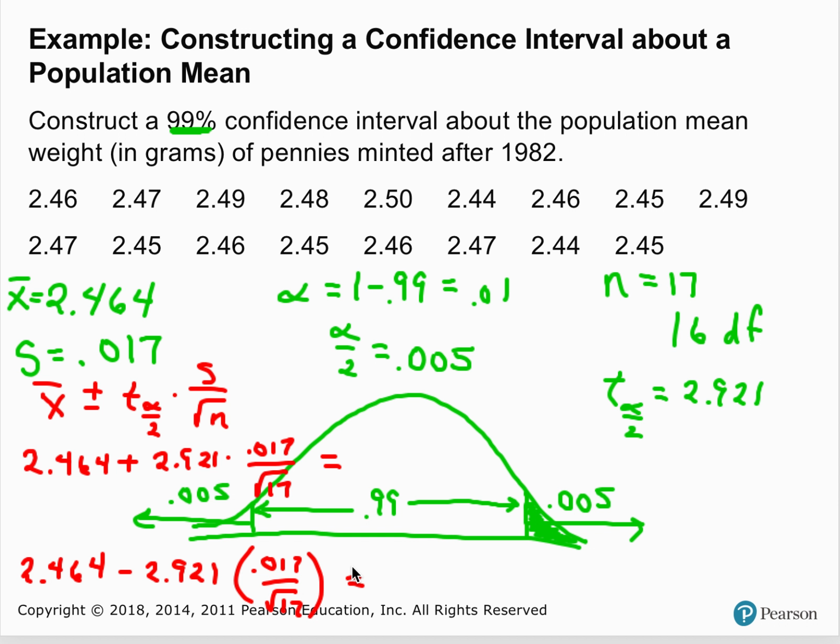Okay, 2.921. So I got, here's my interval, 2.476. Now I can do a second enter and just change the minus.